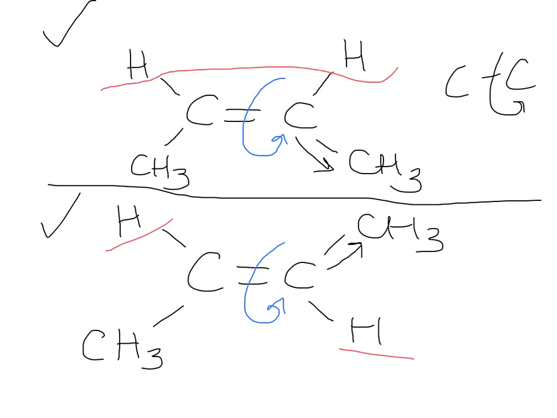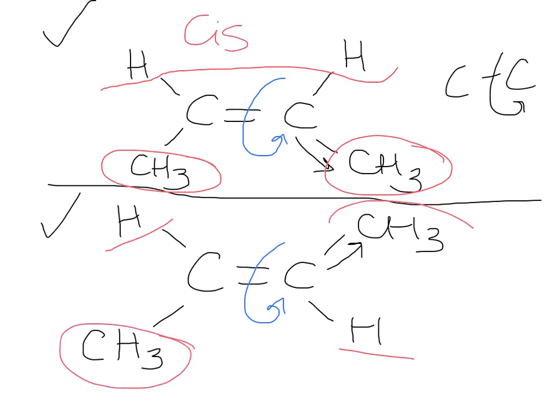So connections are the same, but the three-dimensional orientations of the groups are different, and that way they will be isomers. This will be known as the cis isomer because the groups are on the same side, and this, where the groups are on opposite sides, is known as the trans isomer.